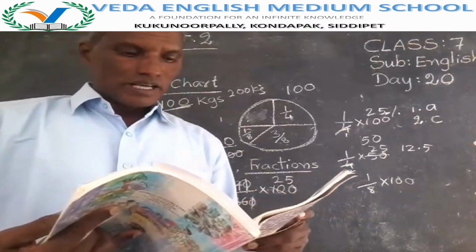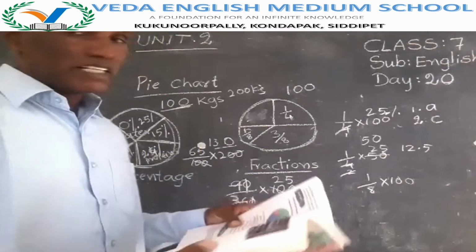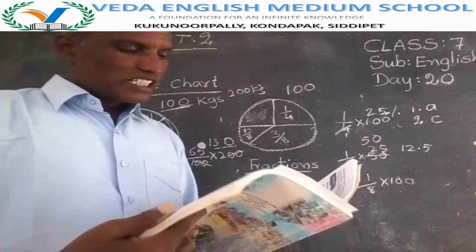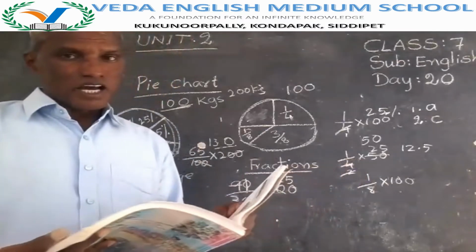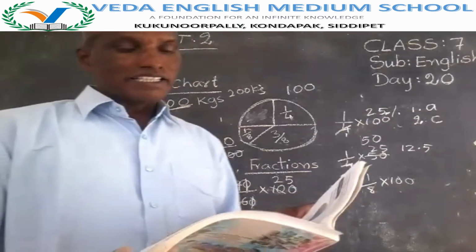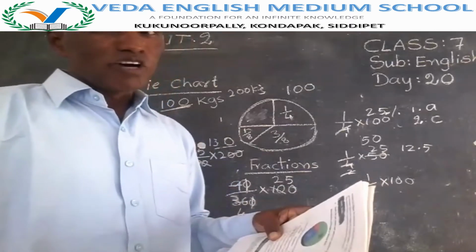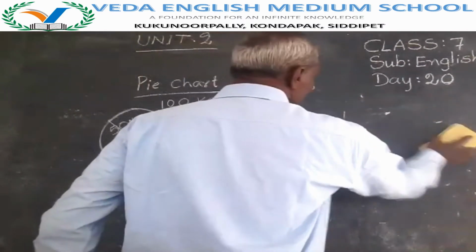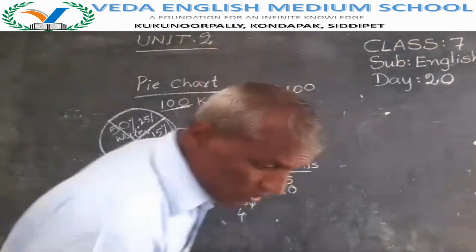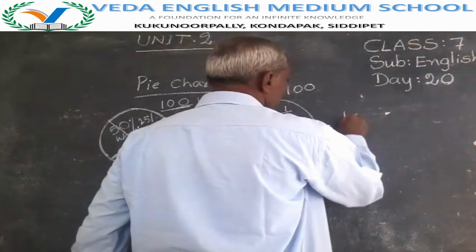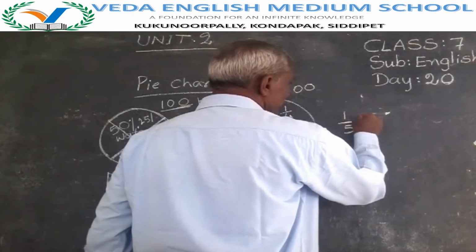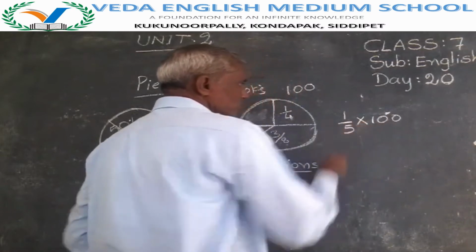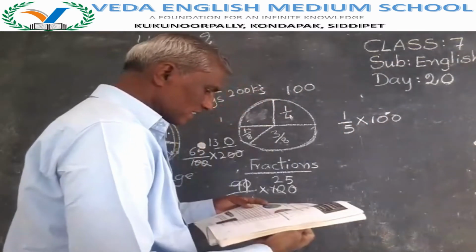Bones, I told you already. The weight of the person is 100 kgs. How much are the bones weighing? In the second picture, it is 1 by 5. I told you, 1 by 5. The actual weight is 100 kgs.